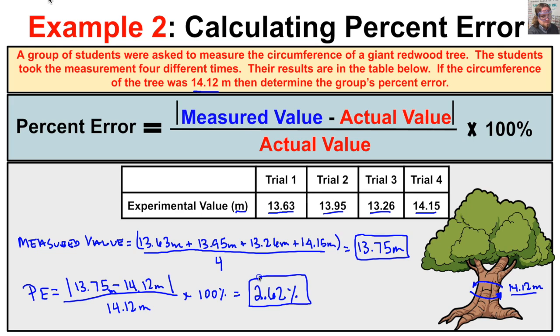So it looks like when these students measured the circumference of this tree, they were about 2.62% away from the actual measurement. And if you take a look, they were actually pretty close. 13.75 meters is what they measured it to be. The tree's actual circumference was 14.12 meters.